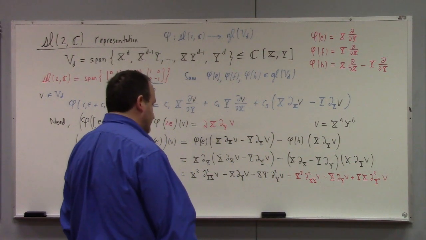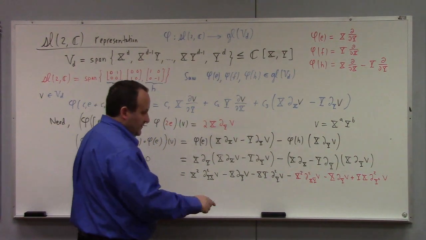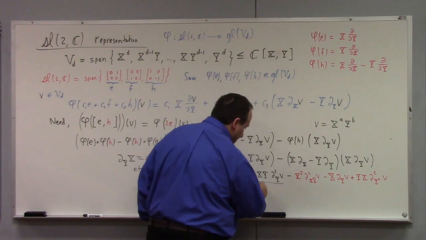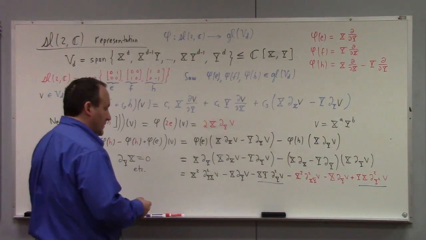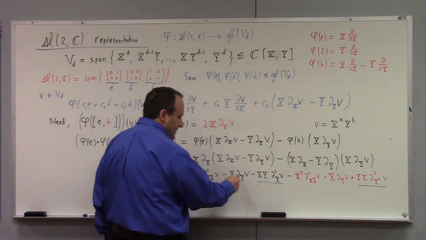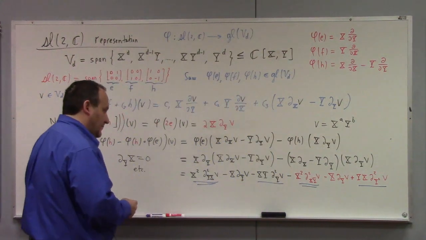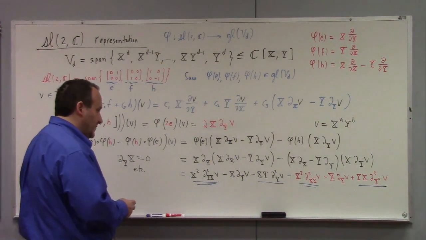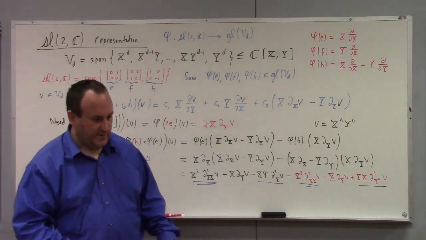Let's see here. We should have like 2 cancellations, right? So this one cancels with this one, right? And the x squared term cancels with this one because, again, the partial derivatives commute. And what we're left with are the 2 remaining terms, this one and that one. What does that work out to?